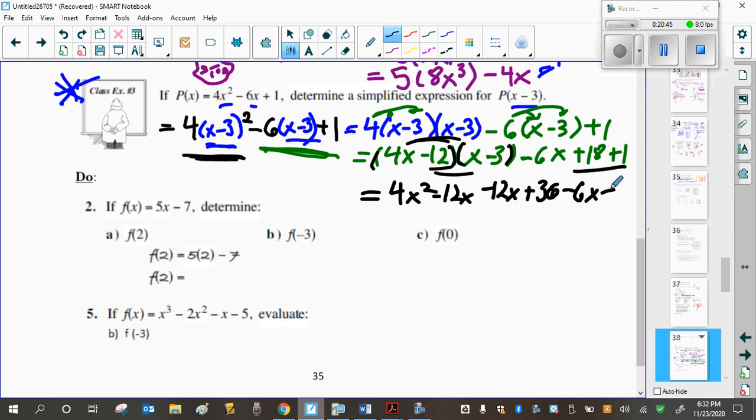And 18 plus 1 is plus 19. And now it's all about collecting like terms. So are there any x squares? No. Are there any x's? Yeah, negative 12x and negative 6x. And now can I add any numbers? 36 plus 19. So the final answer is 4x squared, negative 24, negative 30x, and plus 55.